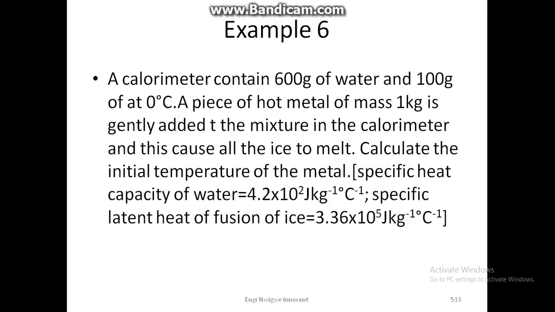Calculate the initial temperature of the metal, taking the specific heat capacity of water equal to 4.2 times 10 raised to power 2 joule per kilogram per Celsius. Specific latent heat of fusion of ice equal to 3.36 times 10 raised to power 5 joule per kilogram. Solution.